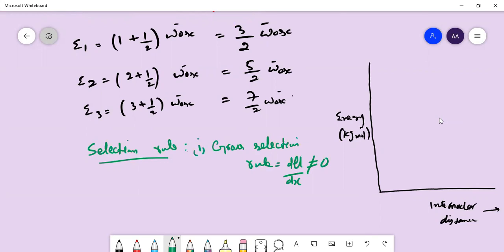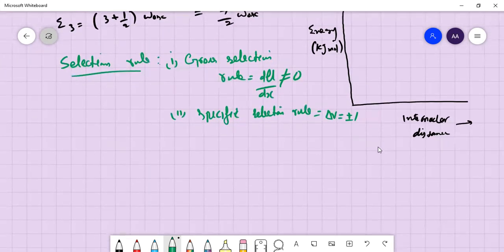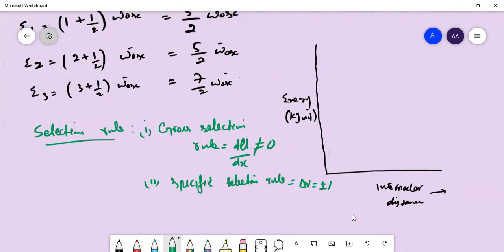The specific selection rule is that Δv is equal to ±1. So the transition should only take place from one energy level to the adjacent energy level.